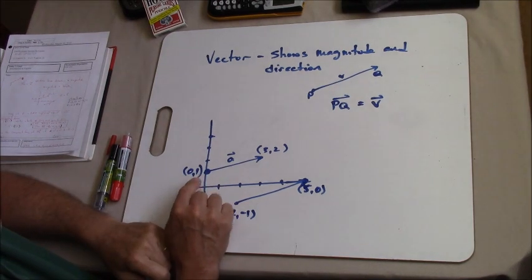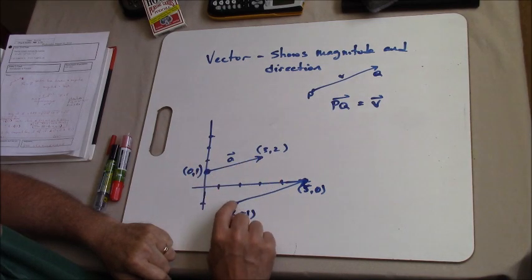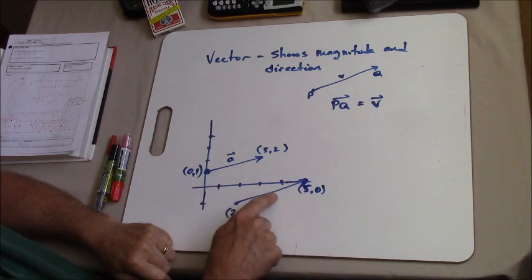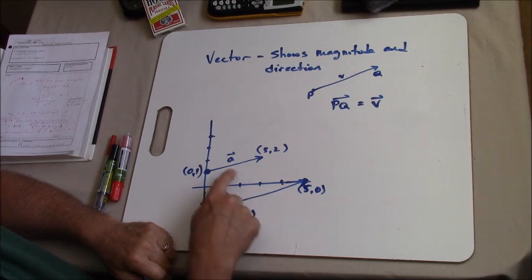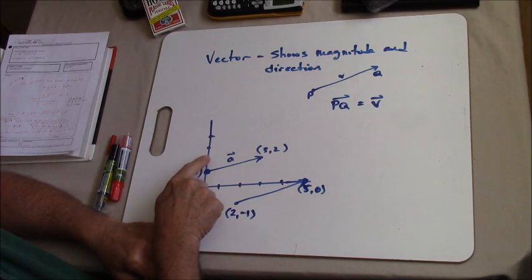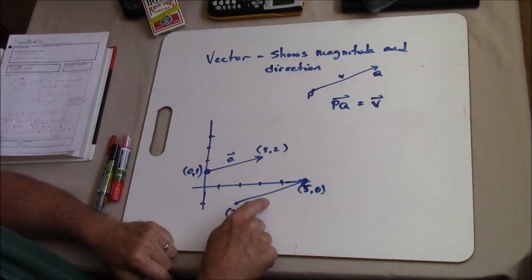Think about the slope, rise over run. We're going to go up 1 and over 3. Right here I'm going up 1 and over 3. So they have the same slope, therefore they have the same direction, because they're parallel lines. And if I do the distance formula for each of these, 1 squared plus 3 squared, that's the square root of 10. That's the length of each of these.